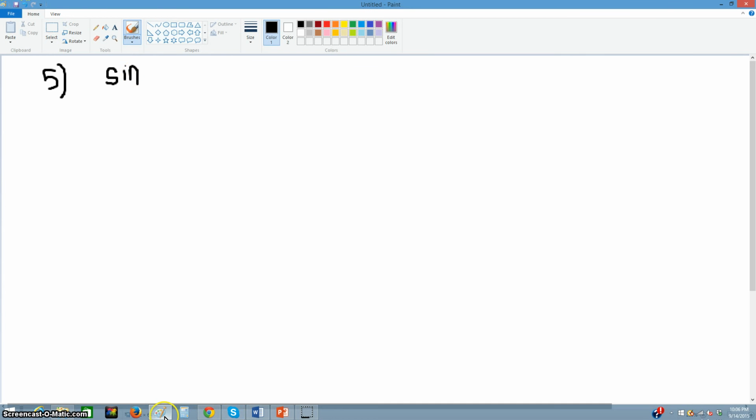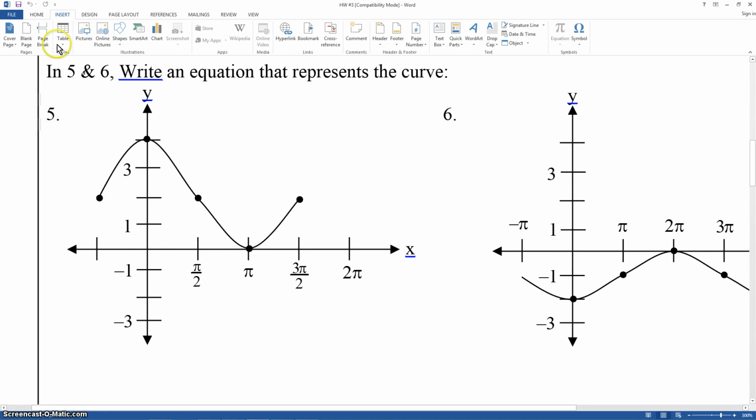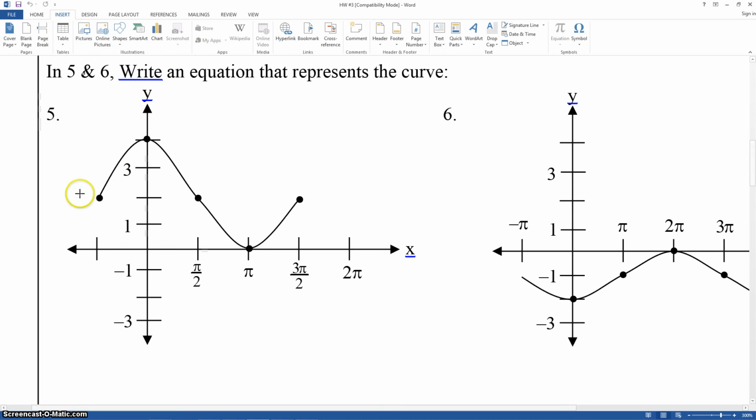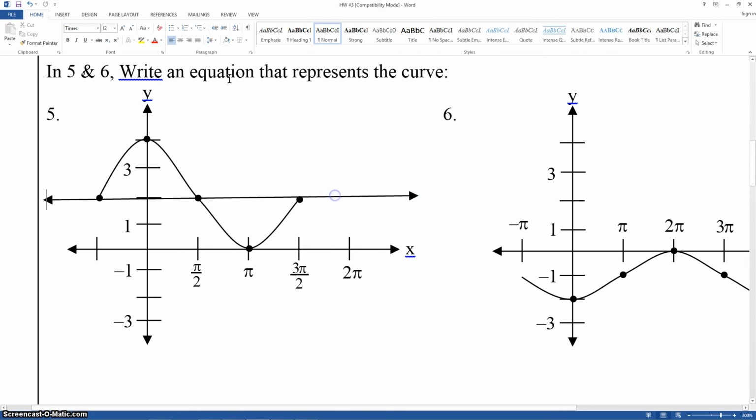Alright, and then what we need to do is figure out where the middle of our wave is. So in this case, if I were to draw a line right through the middle, right there. Do you agree that's the middle?